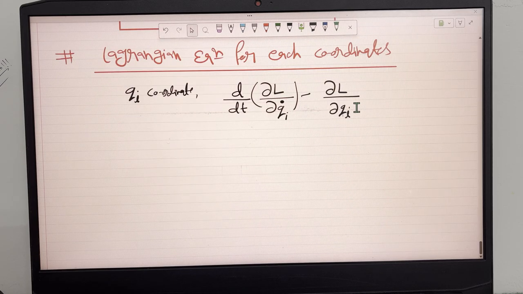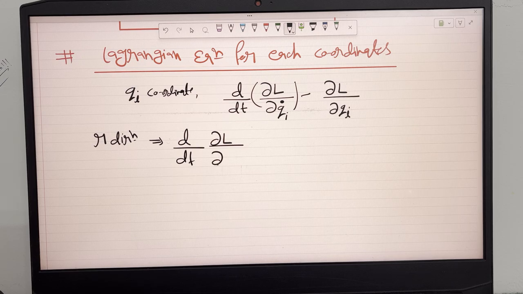In the same case we are looking for the radial and tangential. So in the r direction, or the radial direction, it can be written as d by dt of dou L by dou r dot, minus dou L by dou r, right?